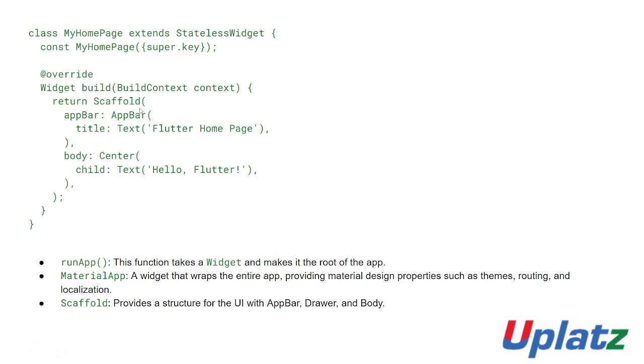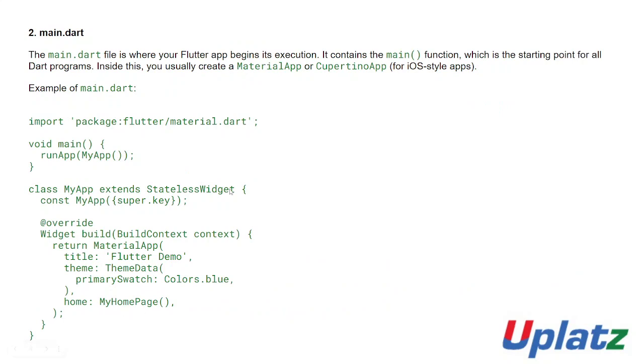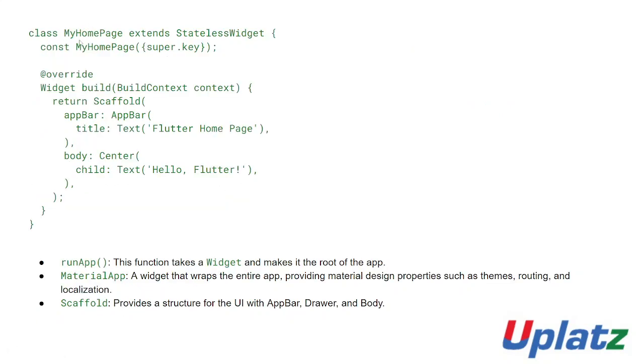Next, class MyHomePage. Here it calls MyHomePage. Now class MyHomePage extends StatelessWidget. It also extends StatelessWidget. So you have to use that line, the MyHomePage constructor, within curly braces super.key. Then @override Widget build, then within brackets BuildContext context.